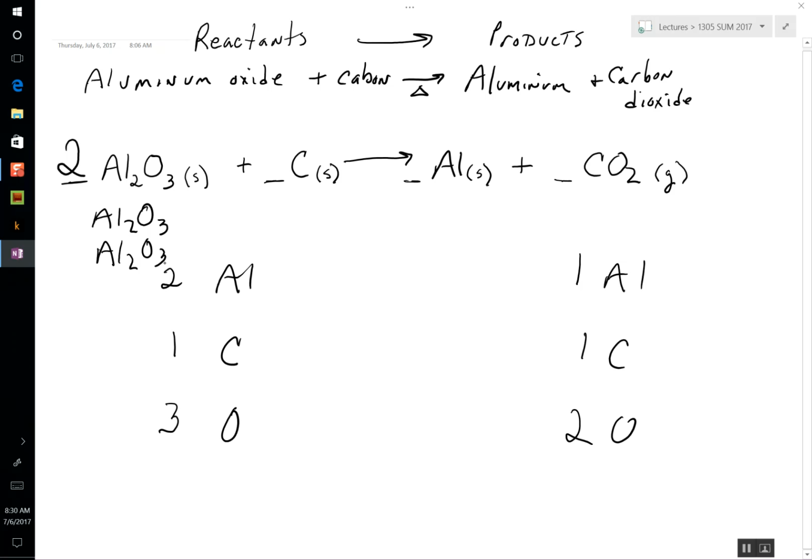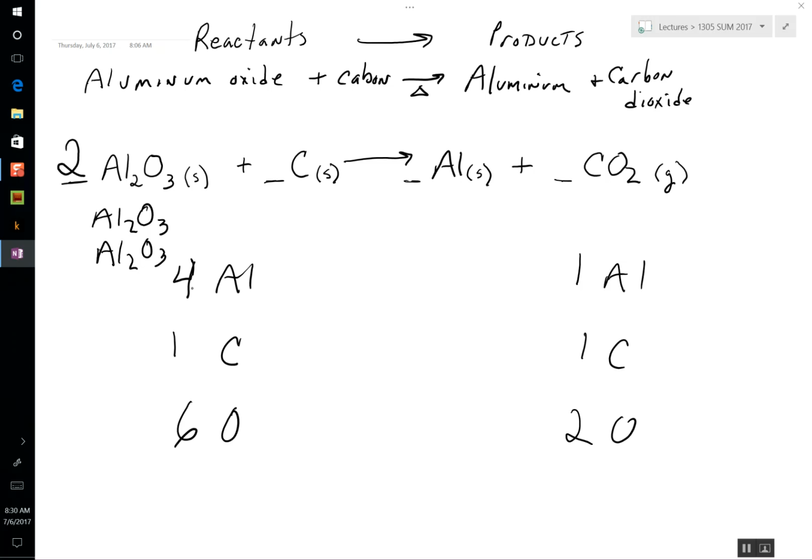Students quite often put a 2 right there and think, oh, that's 4 oxygens, but they don't realize that's 4 aluminums, but that's 6 oxygens. 2 times 3. There's our 6 oxygens. So that gets me to 6 oxygens, gets me to 4 aluminums.